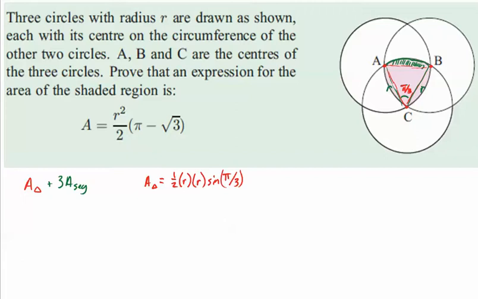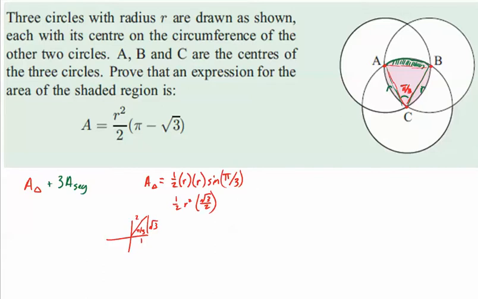So then we've got 1/2 r squared times the sine of pi over 3. To get the sine of pi over 3, we draw our picture. There's pi over 3. We've got 1, 2, root 3, so sine is root 3 over 2. So there we go. We've got the area of the triangle.